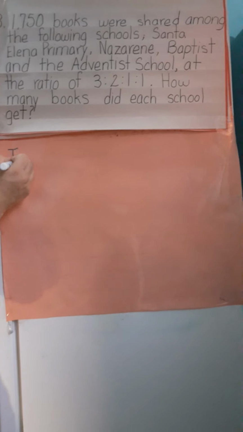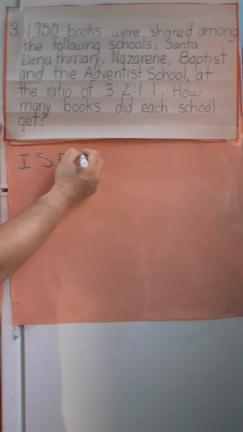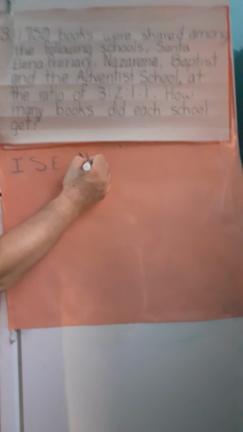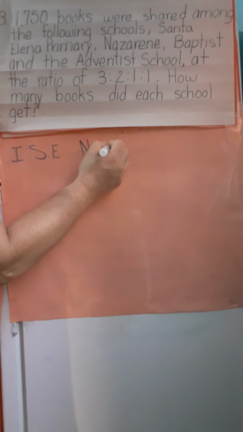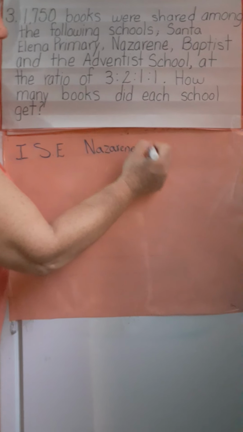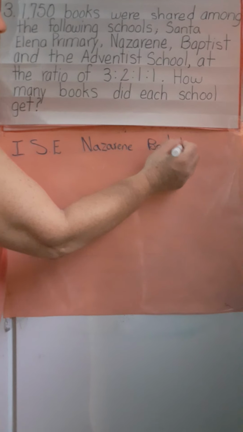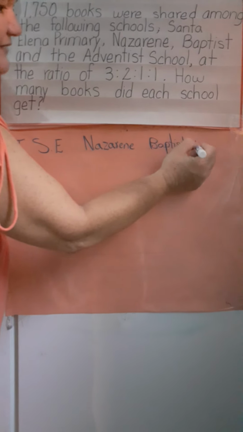What's the first step? Okay, very good. You got it. We set up our ratio, which is Santa Elena. So we will just put SE. All right. We have Nazarene, Baptist, and Adventist.